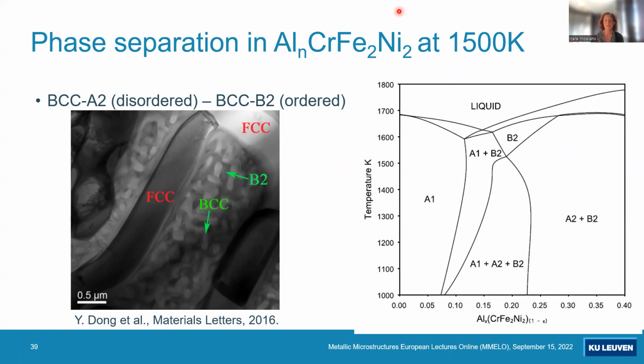So it turns out that in this system, if you are in the section iron 2, nickel 2, that's this section, and you start in the B2 phase, then you could, for example, either go to the A2 plus B2. So these are two BCC phases, one disordered, one ordered, and then you get a spinodal decomposition.